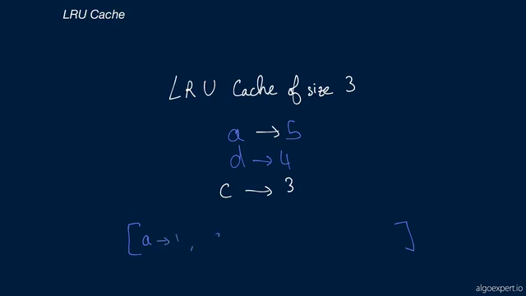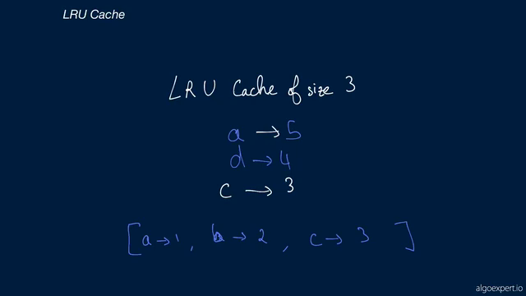Then B mapping to 2, and C mapping to 3. I'm just writing a few key value pairs arbitrarily. And you could say at every point in time, let the value in the first position in the list be the most recent one, and let the value in the last position be the least recent one.